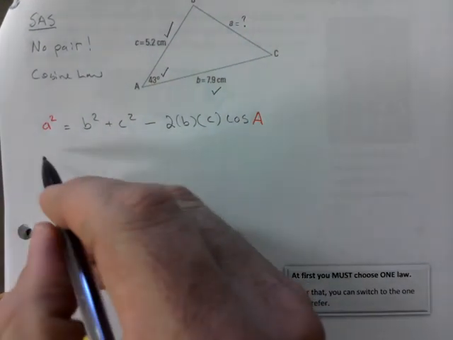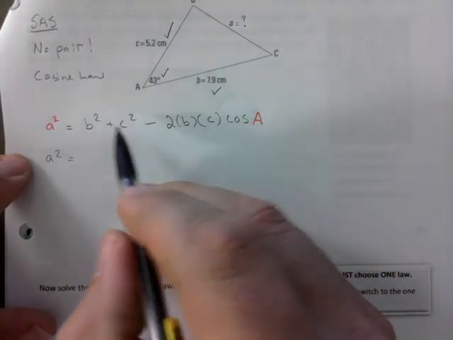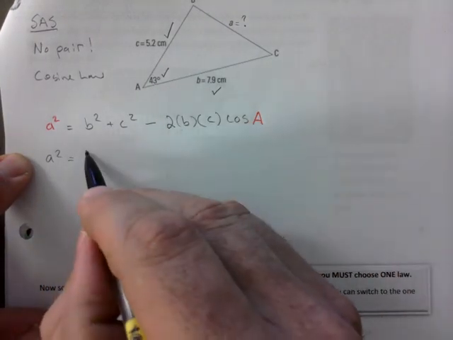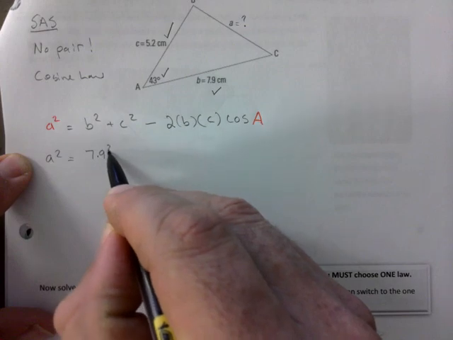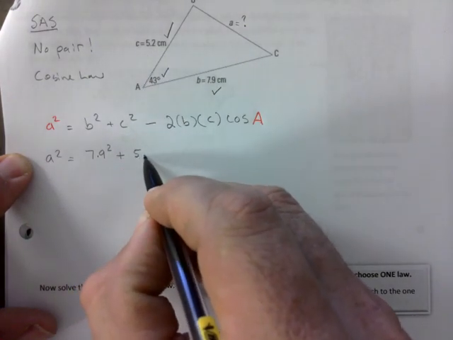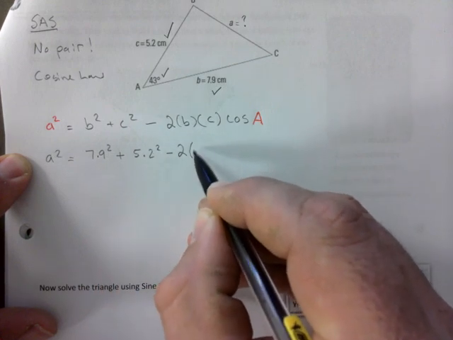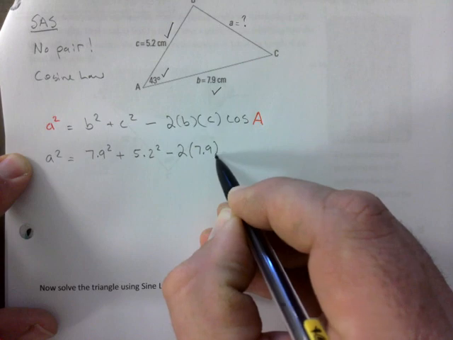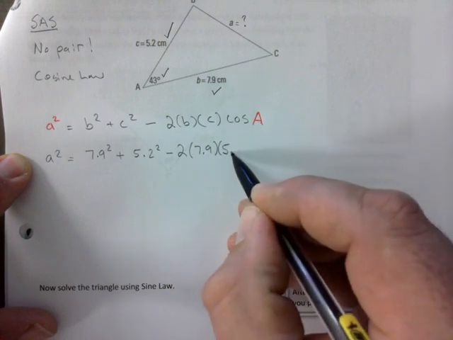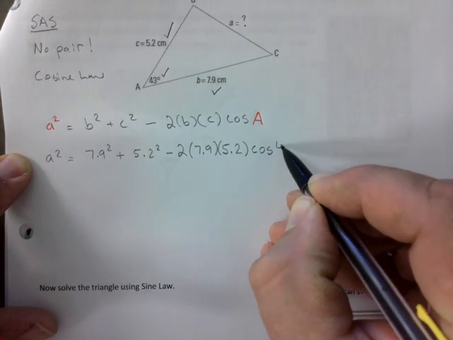So here we go. A squared is B, I called 7.9, so I'm going to keep it, B squared plus C squared minus 2 times 7.9 times 5.2 times cosine of 43 degrees.